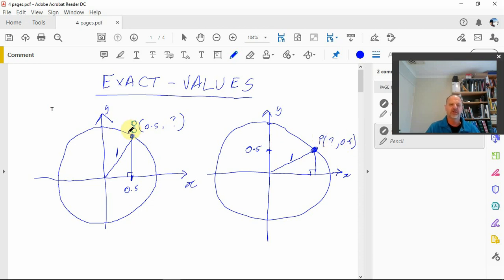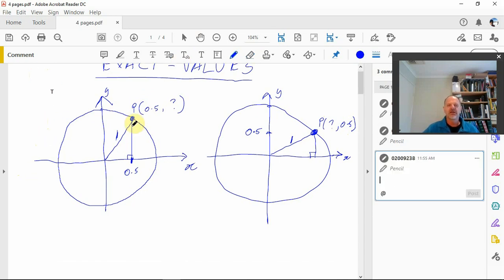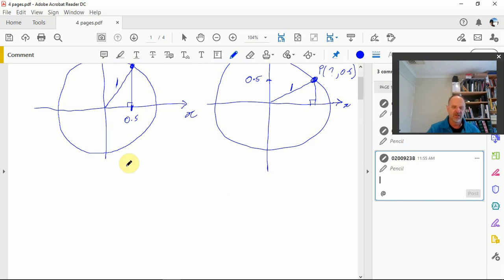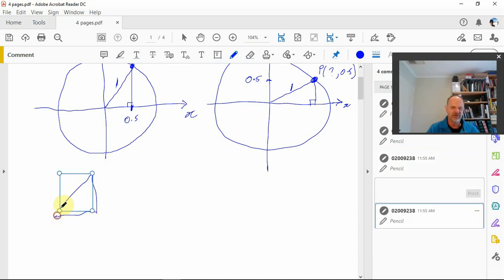So if we get rid of those circles, so if I take this triangle here out, for example, and I take that triangle, put it here like so.